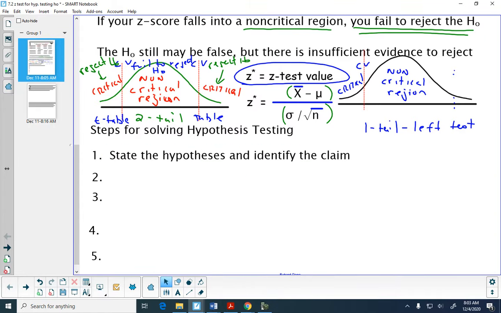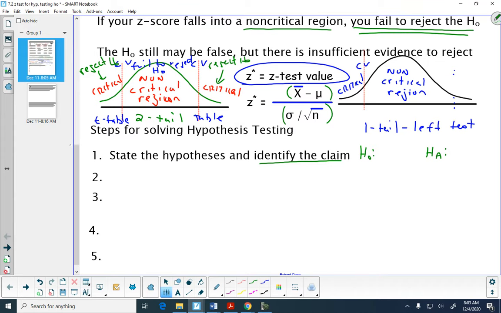First step, we will state the two hypotheses. If we identify the claim, sometimes we'll do that, sometimes we won't. But we have to state the null and the alternate hypothesis. And once again, we normally do the alternate hypothesis first. It's what we hope is true.